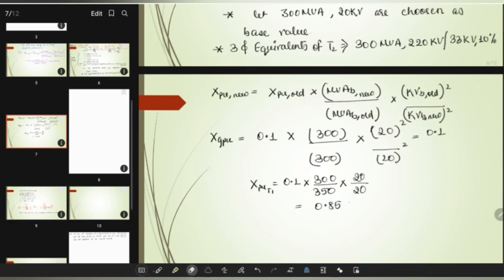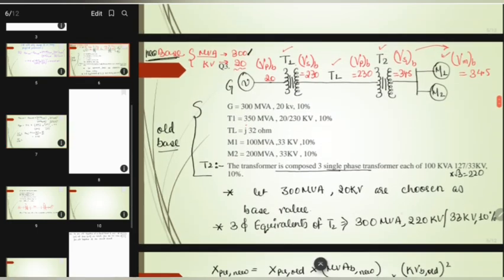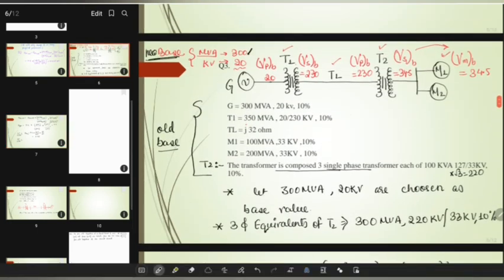So this we have taken LV side, right? Now, if we repeat the same process in HV side, what we will get? See here, XT1. Okay, we are finding per unit for this.